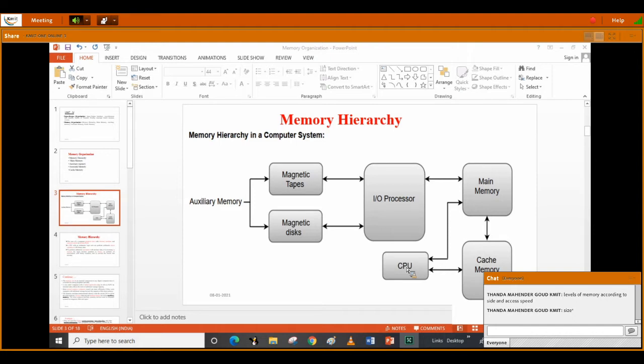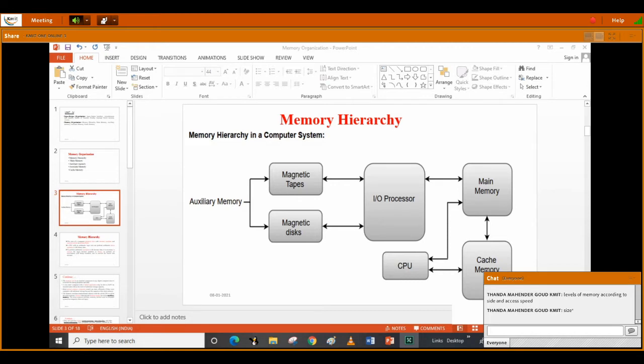Now we see about cache memory. What is cache memory here? After main memory, only main memory is accessed by the CPU. Cache memory is a small and faster memory.